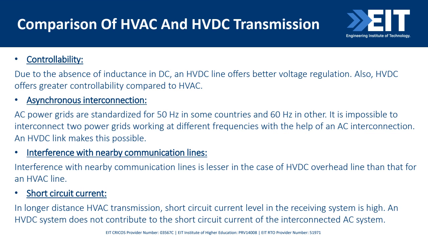But an HVDC system does not contribute to the short circuit current of the interconnected AC system, so that way we can limit the short circuit current in those systems where we need to limit the short circuit levels because of the rating of the switchgear we use. So that is also very important.